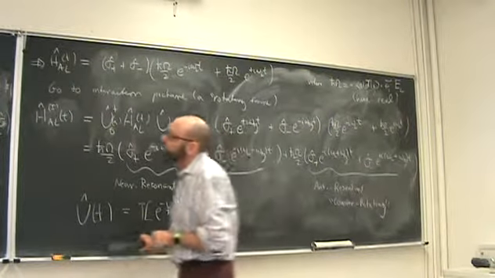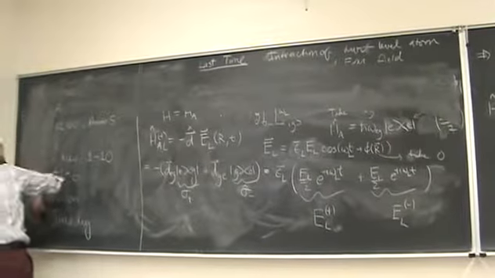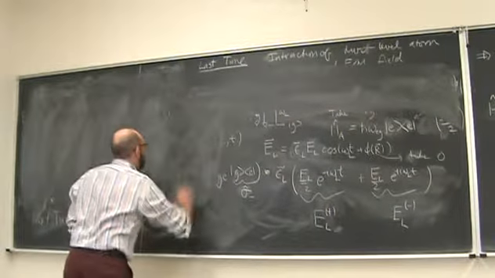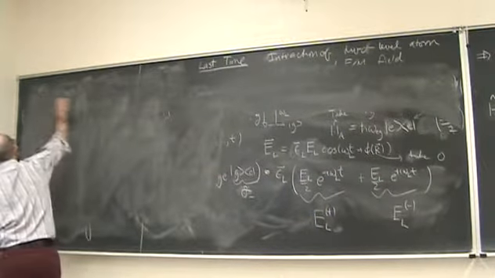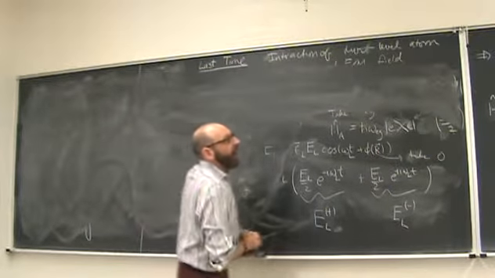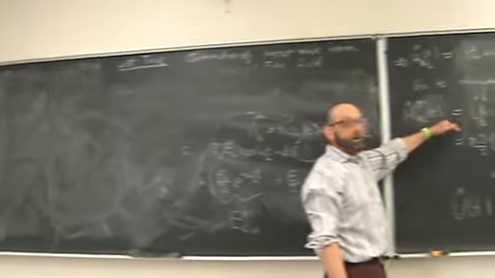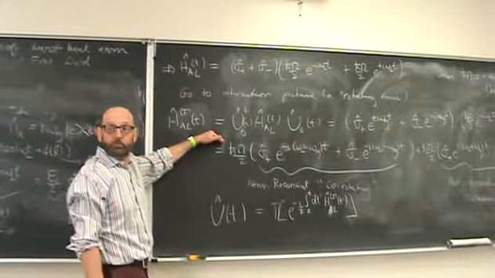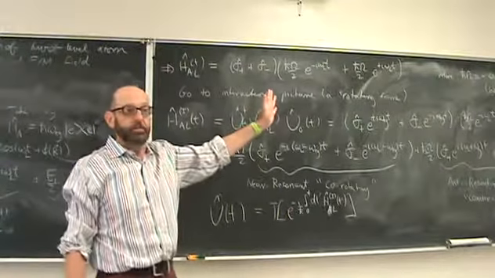Now, just again to remind you of something I was just saying, we could talk about this point of view. What I've done so far, other than the two-level approximation, I haven't made an approximation, right?